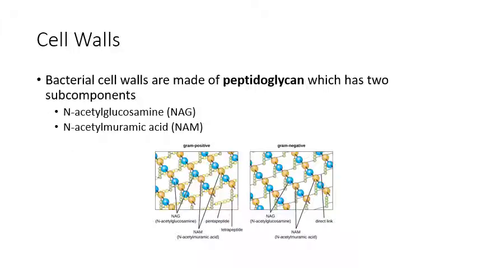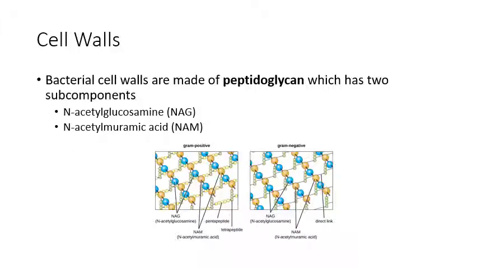And each of those three that I just mentioned, bacteria, plants, and fungi, are composed of different types of cell walls. For bacteria, their cell walls are made of peptidoglycans. We talked about that word peptidoglycan in one of the previous videos. Bacteria are the only critters that have peptidoglycan in their cell walls.